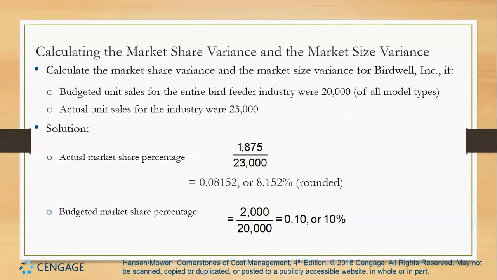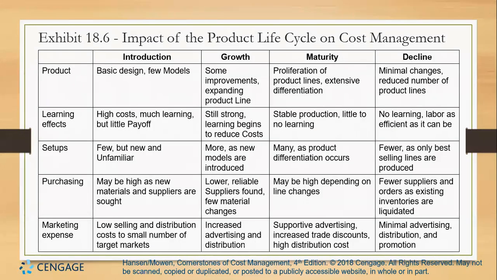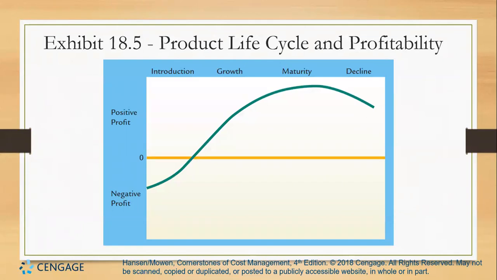The budgeted market share is 2,000 divided by 20,000, or 10%. And we have now the market share and the market size variance. So the market share, we have 2,869 unfavorable. The market size is 2,025 favorable.